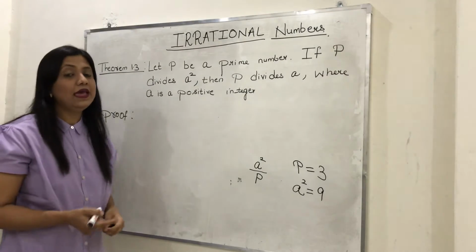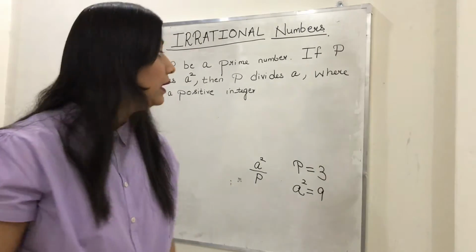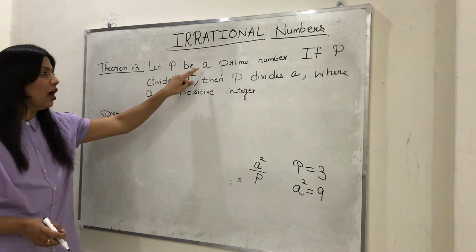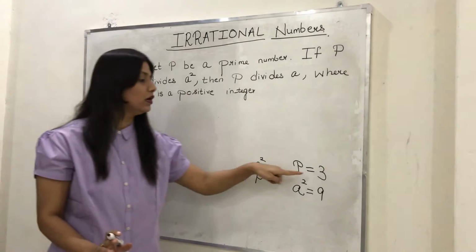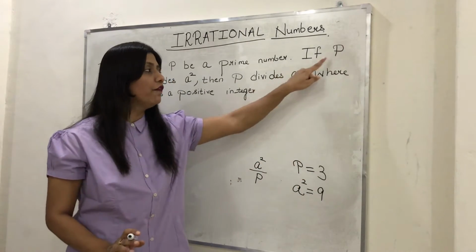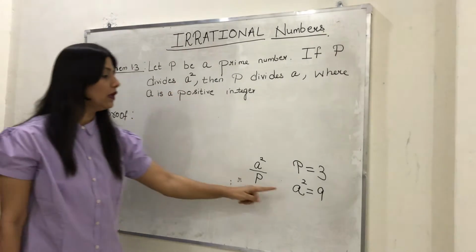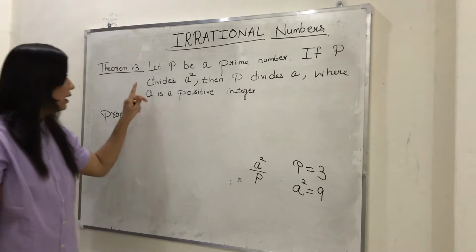So students, in this exercise, we will study one theorem. The theorem says that let p be a prime number. Suppose p is a prime number, suppose it is 3. If p divides a square, suppose a square is 9, so 9 is divided by 3.